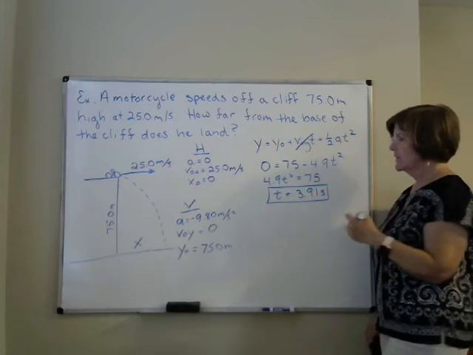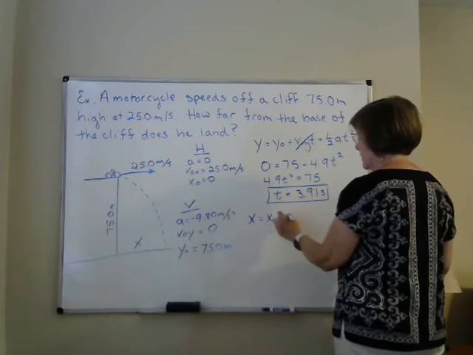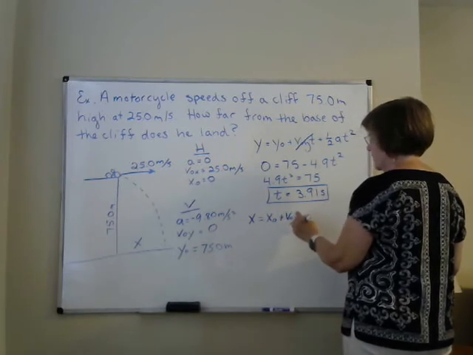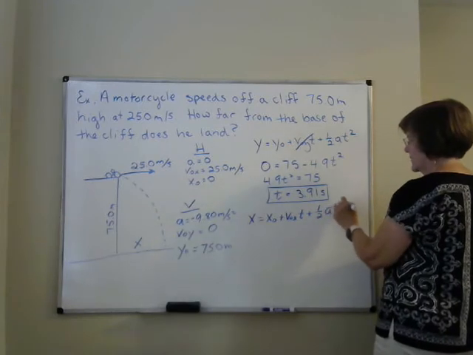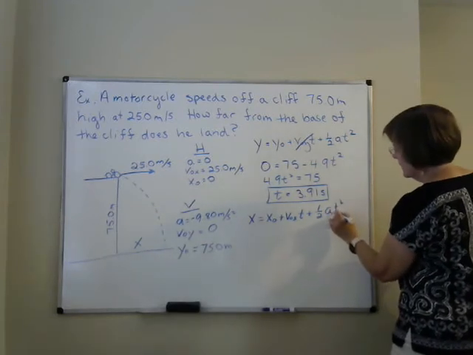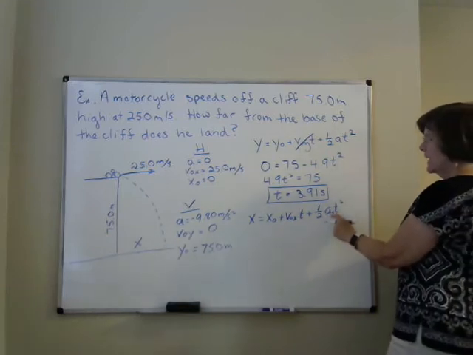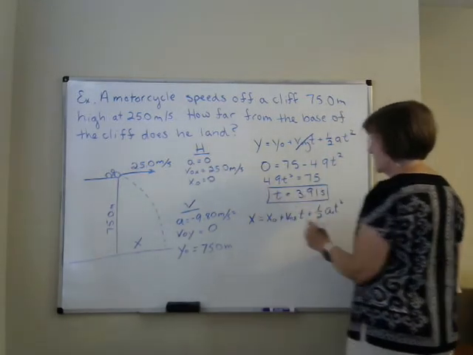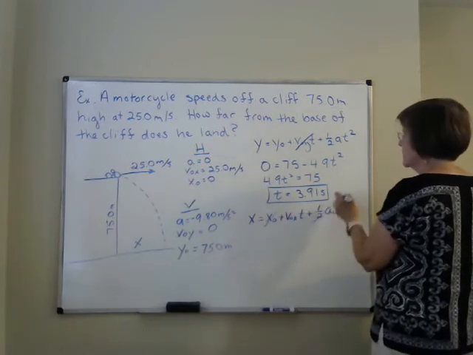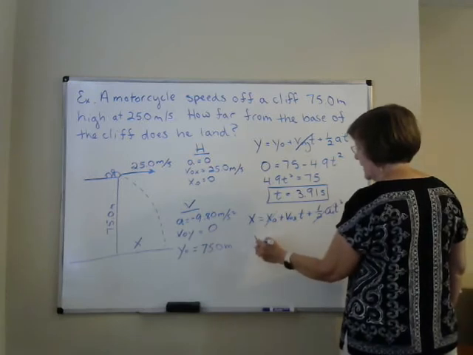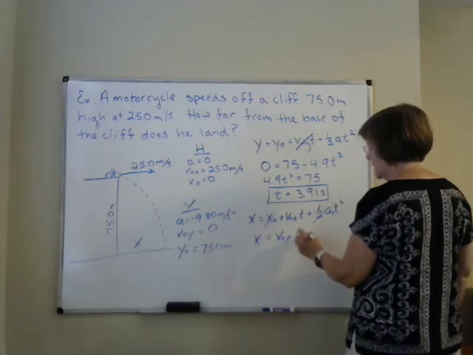Now, how far did he travel? Well, if we put in x equals x0 plus the initial velocity in the x direction times time plus 1/2 a t squared. This is very important. This is acceleration in the x direction. In the x direction, the acceleration is 0. This whole term goes away, and it comes out that x is equal to v0x times t.